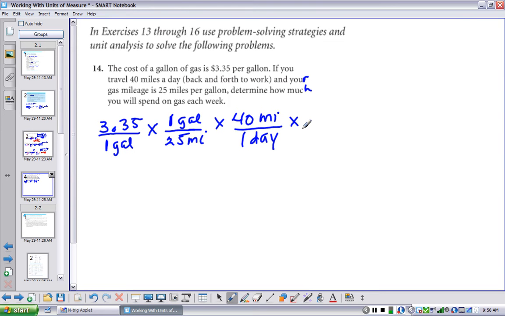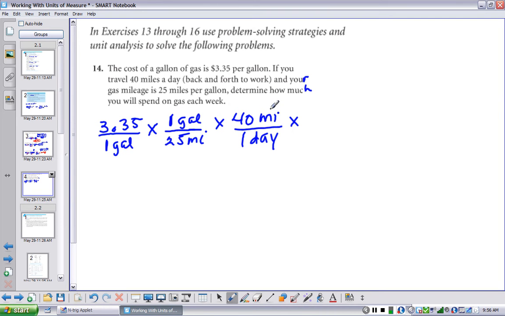And we know that's not true for everybody. Some people work 4 days a week. Some people work 7 days a week. But they assume that you know that a work week is 5 days.